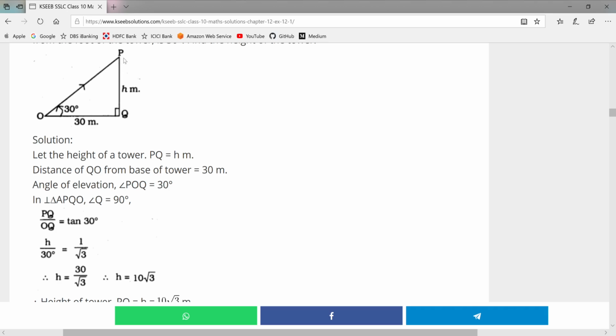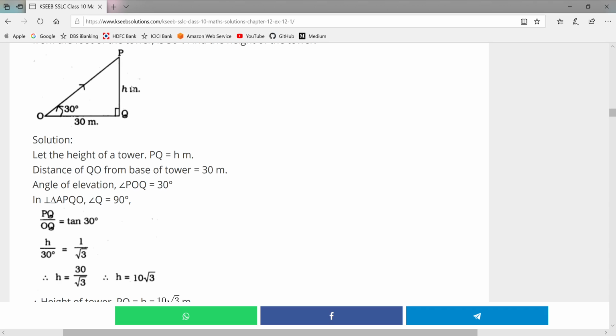Draw the right angle triangle, right angled at point Q, and the angle is 30 degree. For this angle O, the opposite side is PQ, the hypotenuse side is OP, and the adjacent side is QO or OQ. What they are asking is PQ, so which side is this?